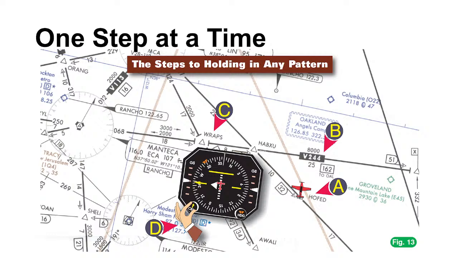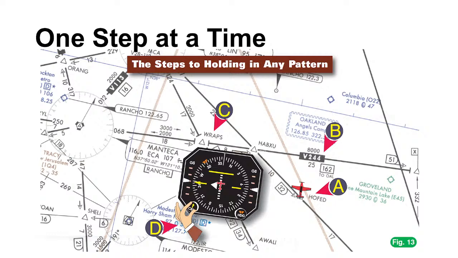Okay, so instead of flying up here like this and then following the line in, they just told you to turn straight and fly here. Okay, now they still want you to hold that exact same east of wraps on left turns, right? So you'd fly up here, you get to wraps, you make a left turn, and you just start making your circles here, but you're still going to hold on this line.